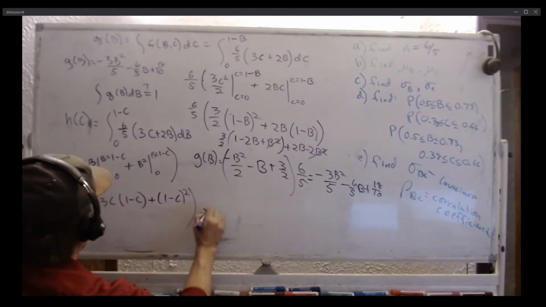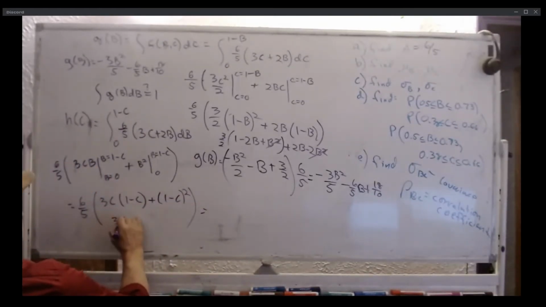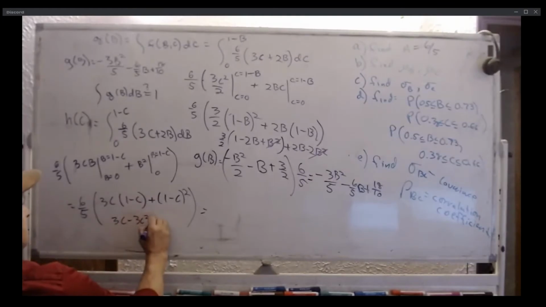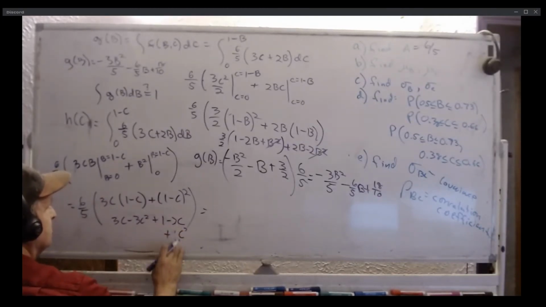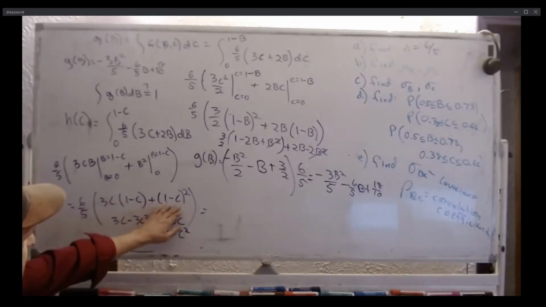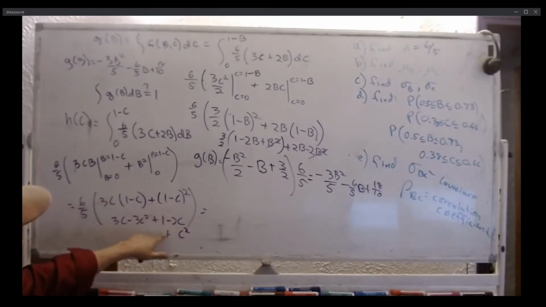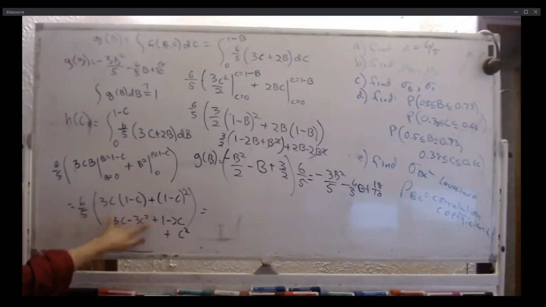What do we get out of this, guys? 3C minus 3C squared plus 1 minus 2C plus 2C squared. No, not 2. Simply 1C squared. This part in parentheses is this. This part is that.